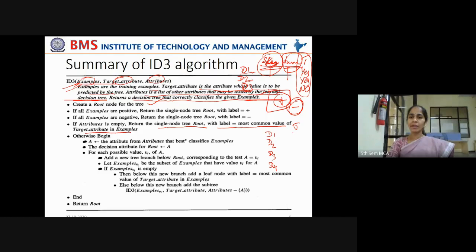You have the target labels yes, yes, yes, no. If these attributes, the columns, are empty, then what has to be done? Return the root again with a label. What should the label be now? The most common value of the target attribute. What is the most common value here, students? Which is repeated more in the target label here?